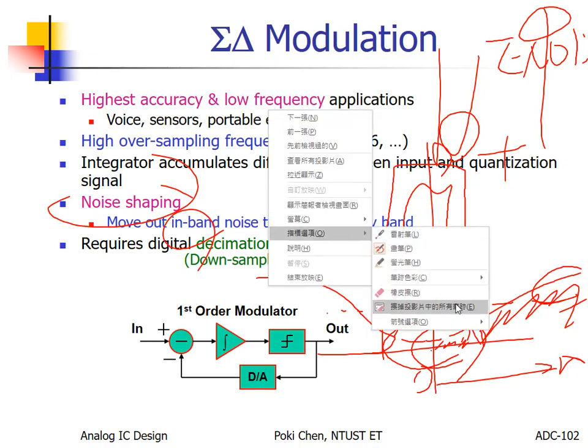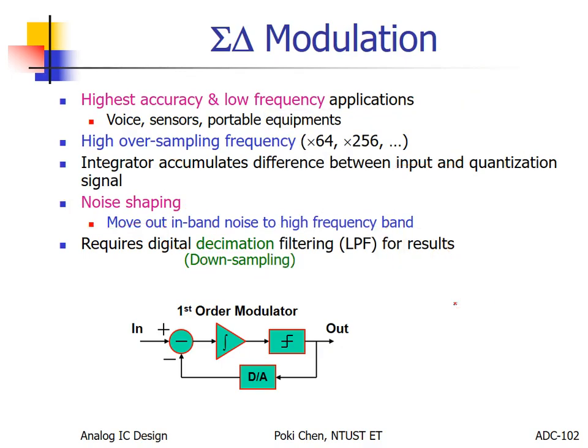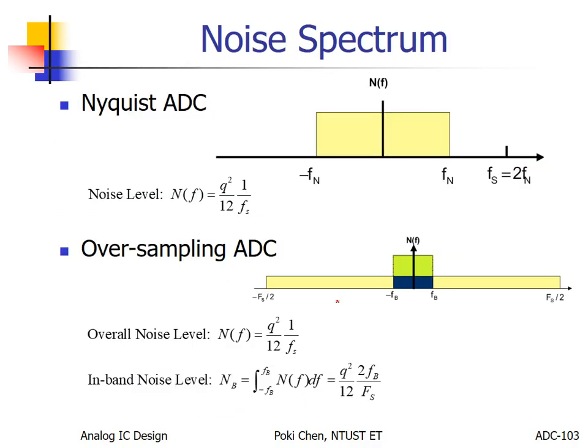But why and how? This is some kind of block diagram, but allow me to explain. Noise shaping: from a regular noise ADC to oversampling, you can see the magnitude is reduced.